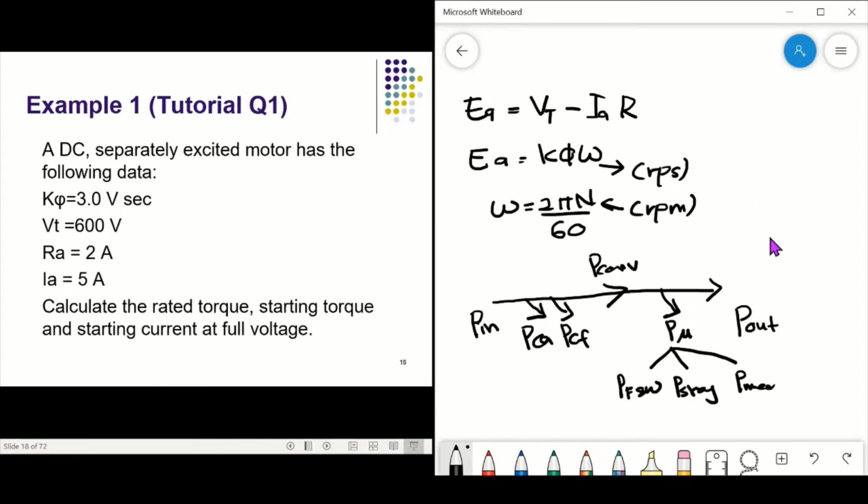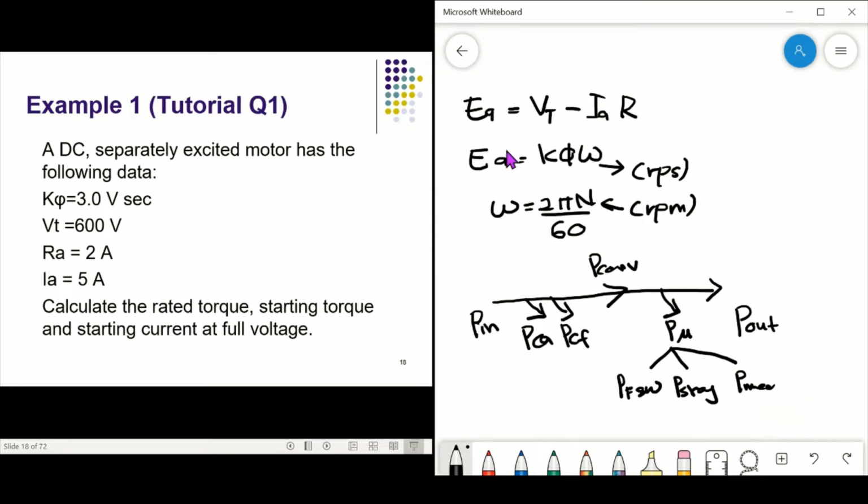I have skipped several slides, and I just go to this example 1. You can find this example 1 in tutorial question number 1. Before we solve this question, let me refresh about these equations.